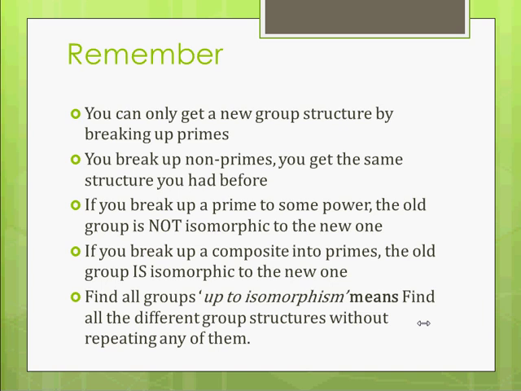So we're going to write out all the different structures so that even if you could create a different one, it doesn't matter because it's isomorphic to one of the ones that we've listed. And remember, when we're talking about groups being isomorphic to one another, we're talking about this topic, which is finitely generated abelian groups. So that only applies to those.